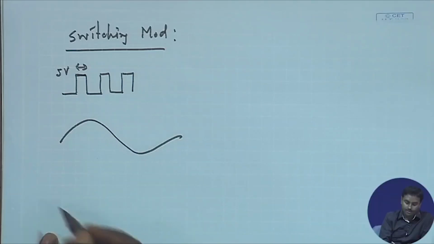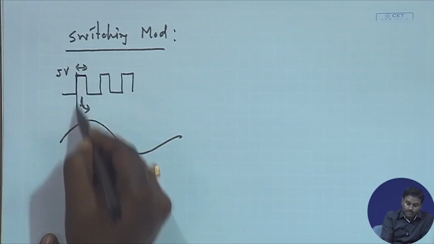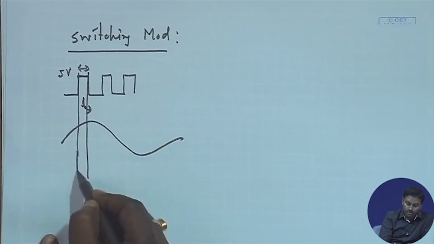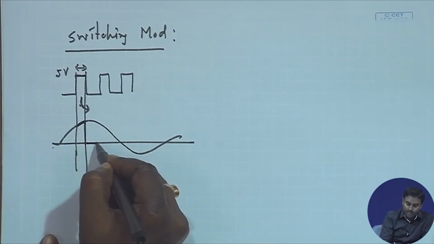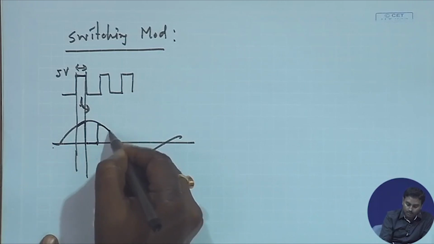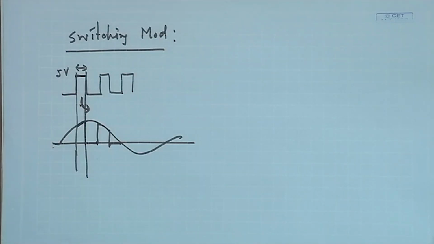Whenever this part is on, the signal will follow, and in the rest of the part it will be 0. So my message signal is getting switched through this pulse. Almost, message signal multiplied by this pulse.